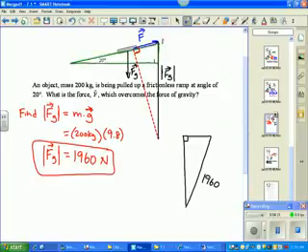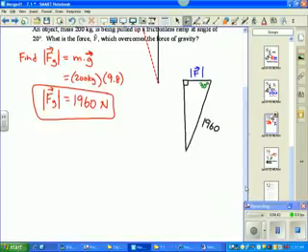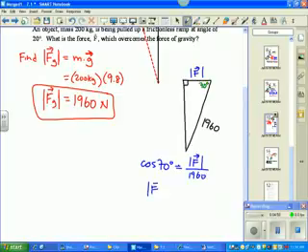Going back to the diagram, you'll notice that in this right triangle that we have here in green, since we have a 90 and a 20, hopefully you can convince yourself there's a 70-degree angle up there, which means we have a 70-degree angle right there in our diagram. What we're looking for is the magnitude of this force. If you remember SOHCAHTOA, cos is the adjacent over the hypotenuse. So this is our adjacent over hypotenuse.